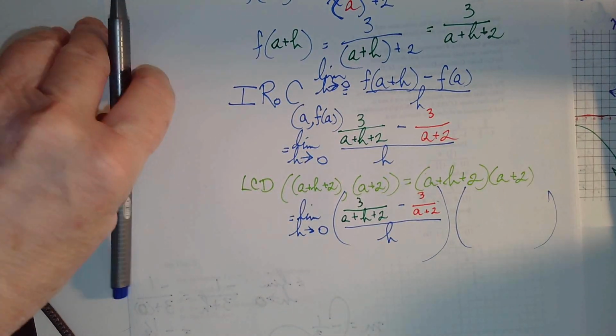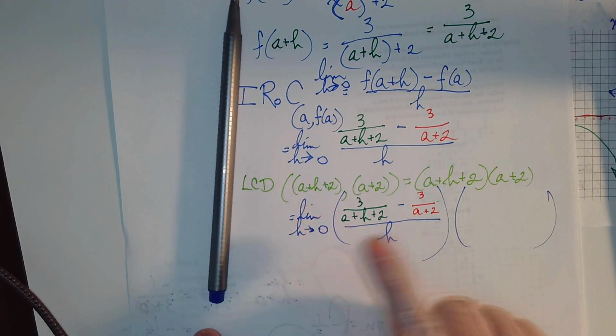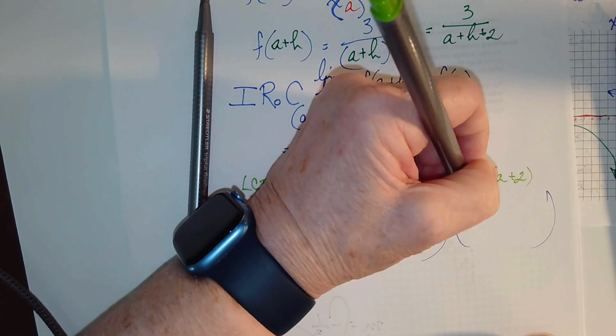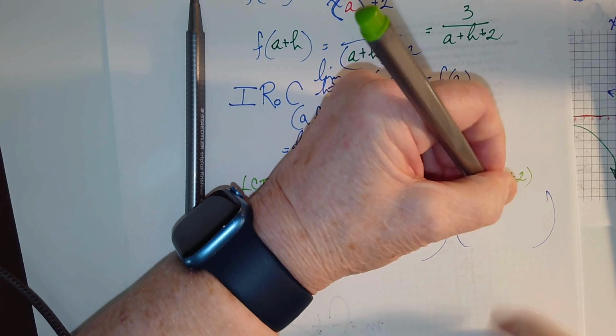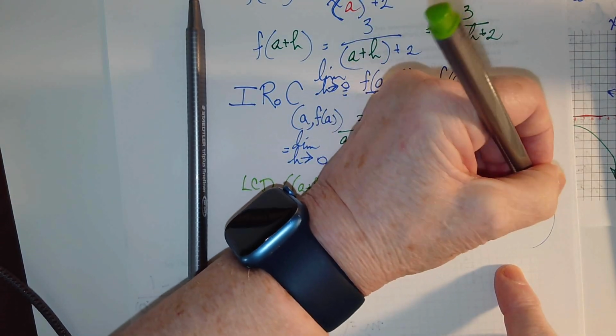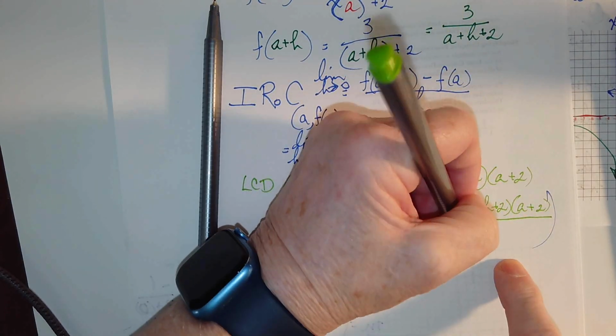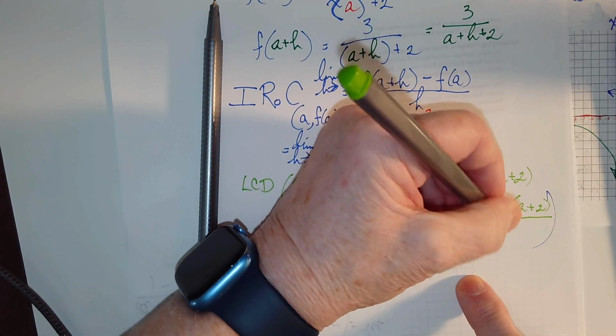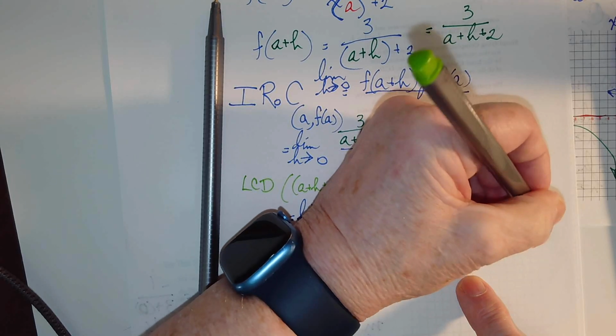We multiply that in the numerator by a plus h plus 2 times a plus 2, and in the denominator by a plus h plus 2, a plus 2.